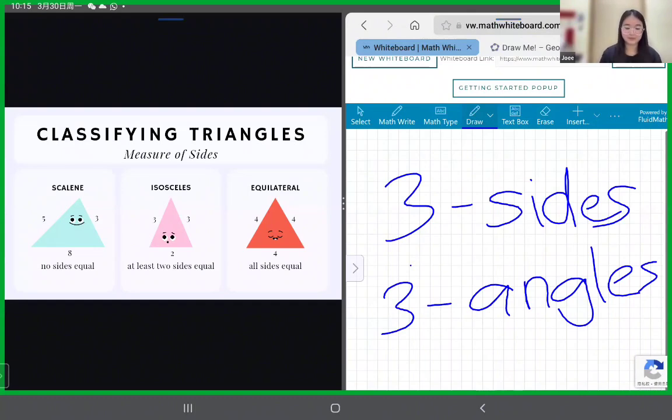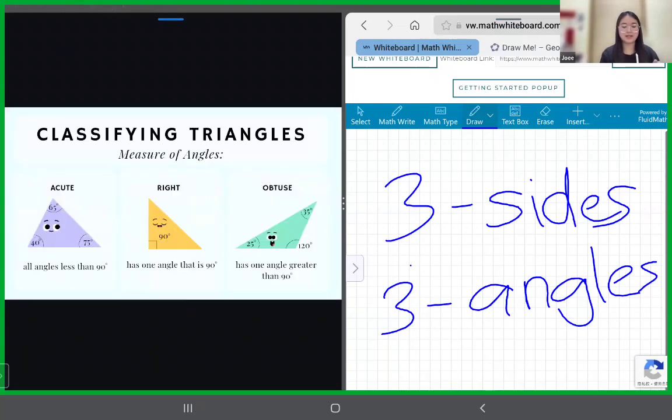Okay. So next we will see another 3 that are classified by angles. A triangle has 3 angles. So if all 3 angles are less than 90 degrees, then we call it an acute triangle, which is the first one in the slide.